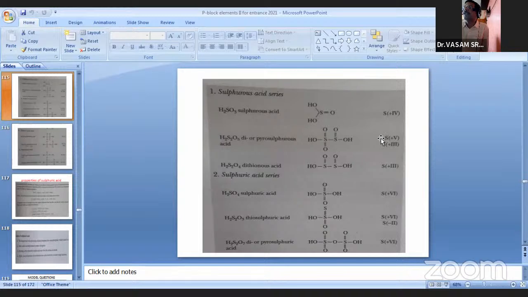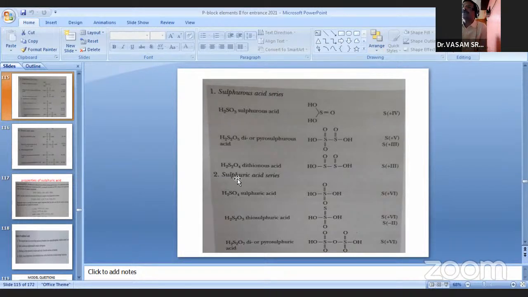The average is 5 plus 3, 8/2, so the average is 4. Individual sulfurs are in +5 and +3 oxidation states, but the average sulfur oxidation state is (5 plus 3)/2, so 8/2 is equal to 4. So the average sulfur oxidation state is +4.